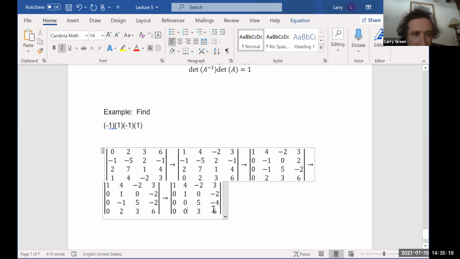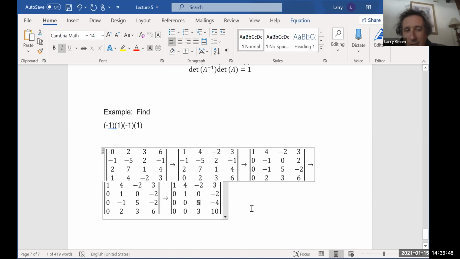And the 6, we get -4 plus 6, which is 10. Any questions on that? Anyone lost? Okay, now I keep going.